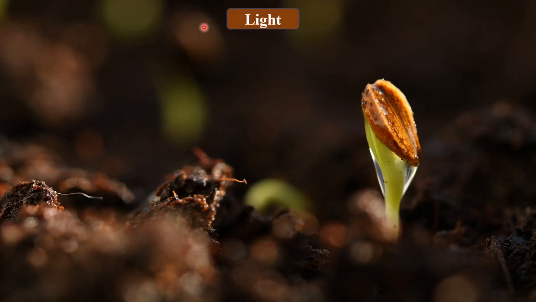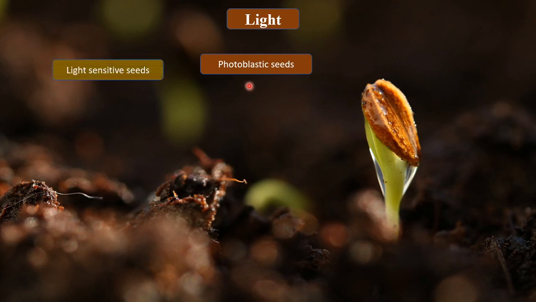Now we move towards the next method of breaking dormancy, that is light. To understand how light affects, first of all, let us know what photoblastic seeds are. I think you already know, I had mentioned it before also. Photoblastic seeds are called light sensitive seeds. These seeds are sensitive to light.